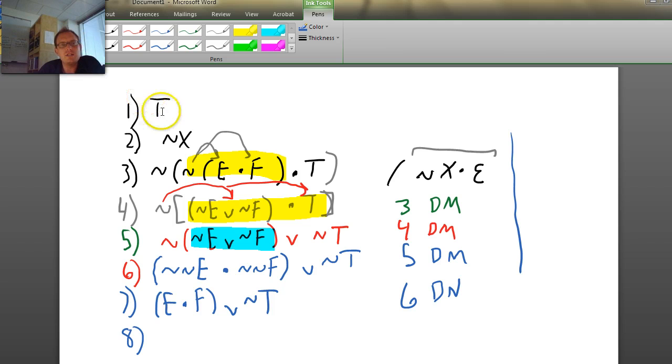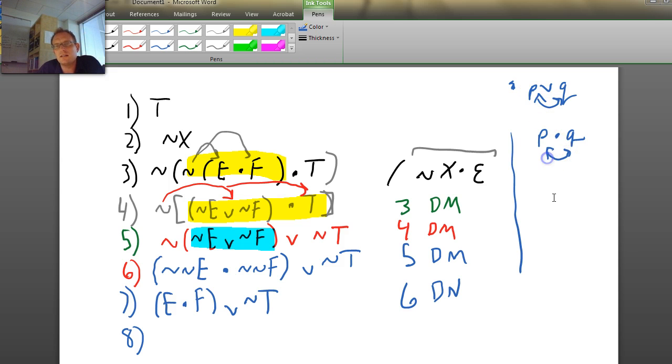So the first thing I need to do is a commutation. And the rule of commutation basically says that whenever you have a conjunction or a disjunction, if you have a P or a Q, or a P and Q, you can always just switch them around, right? That's what a commutation is.